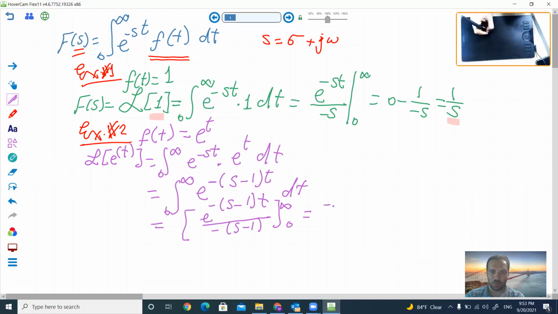So we have minus 1 over s minus 1. Substituting with infinity, e to the power negative infinity is 0, and 0 over anything will be 0.